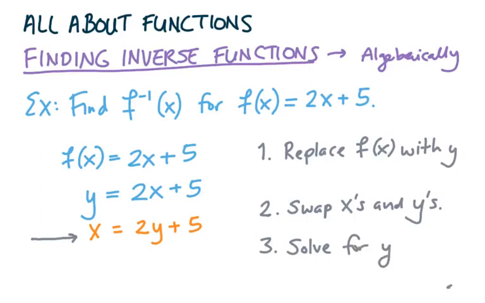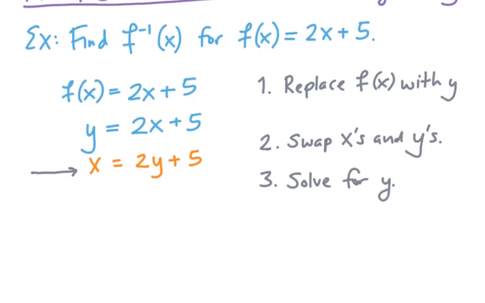So this next step is truly algebraic. We're just going to take the orange equation and manipulate it to isolate y. And we all do our algebra dance a little differently, so don't feel like you have to do yours the same as mine. But I'm going to go ahead and subtract 5 from both sides of the equation.